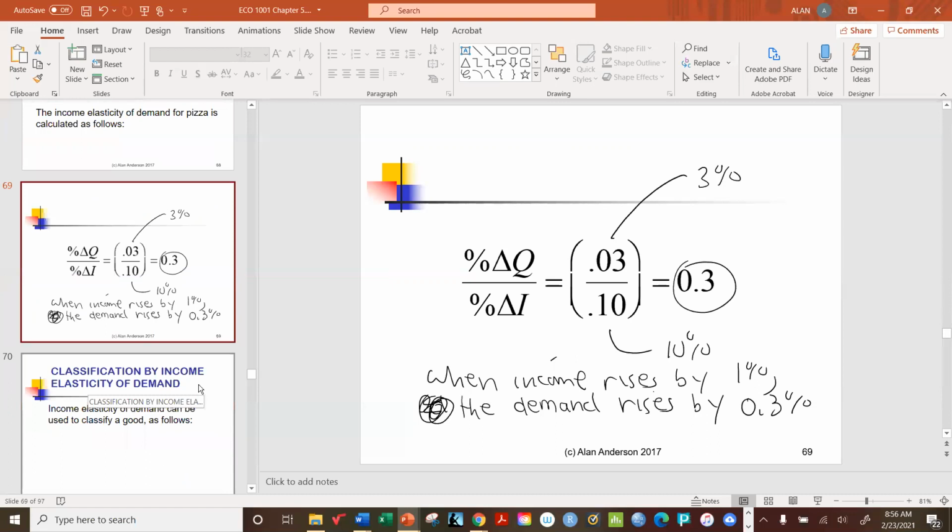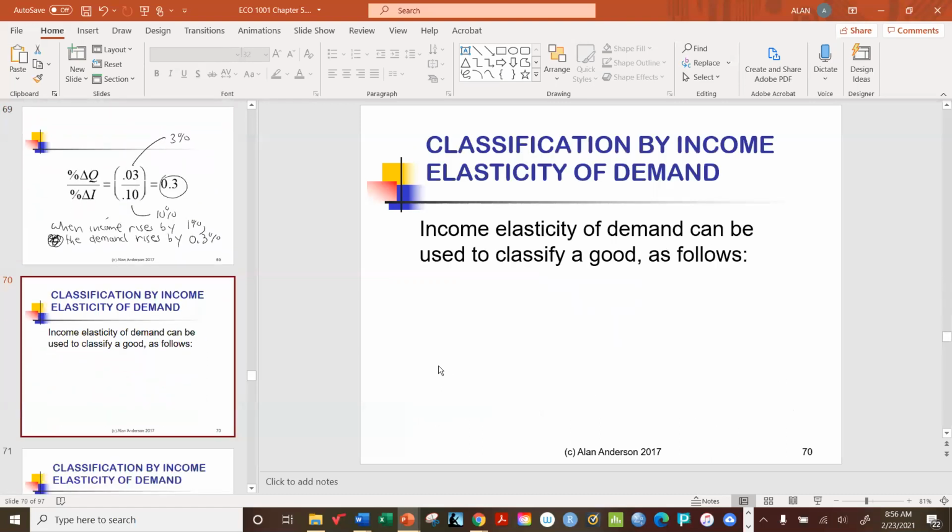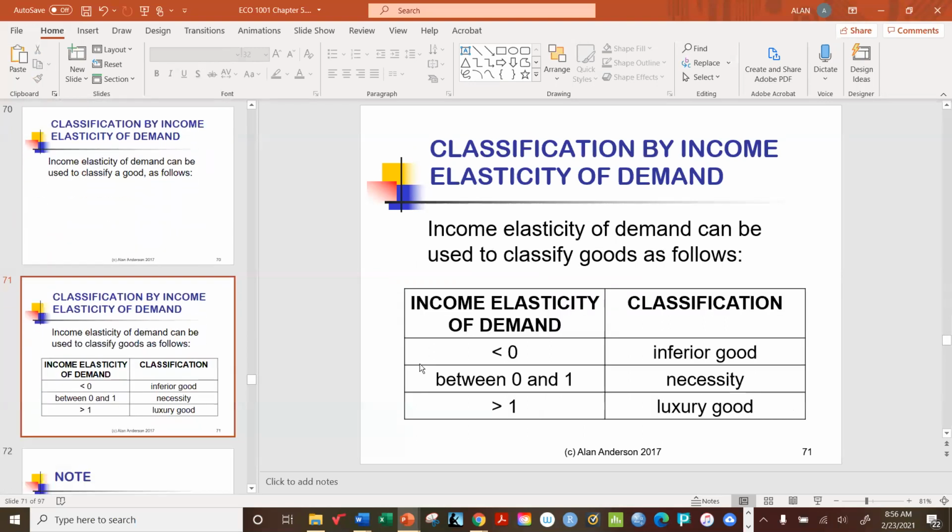Like with the elasticity of demand, we can classify the income elasticity here. Really what we're interested in, if you notice for the first time, is that we're looking at the sign as well as the magnitude. Whereas with the price elasticity of demand, you'll recall that we ignored the sign and only focused on the magnitude.